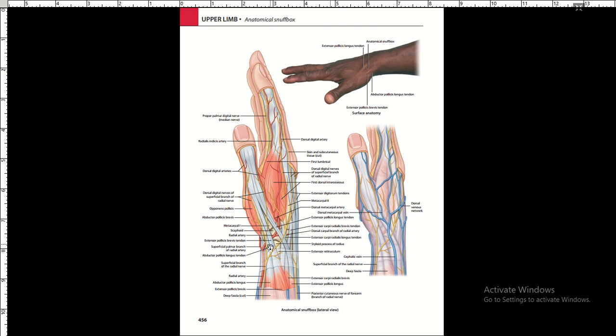So we can investigate avascular necrosis of the scaphoid in the anatomical snuff box. Another clinical importance is that the anatomical snuff box is also an arterial palpation site of the radial artery. So you can feel the pulsations of the radial artery.